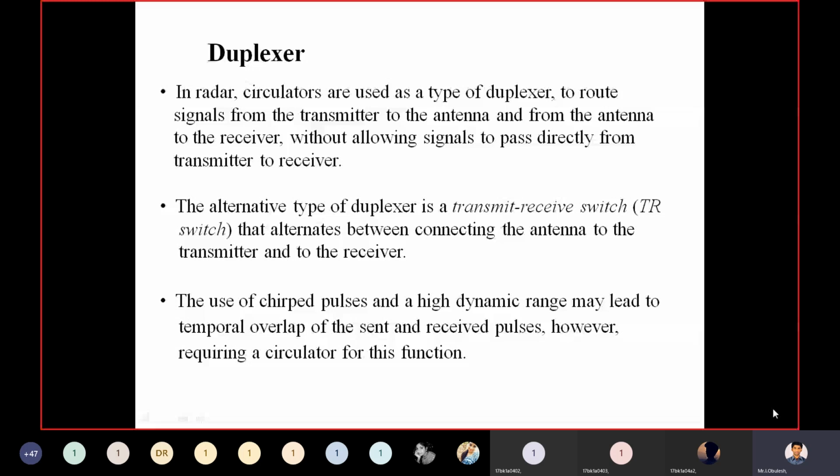The alternate type of duplexer is a transmit receive switch, represented as T/R switch, which alternates between connecting the antenna to the transmitter and to the receiver.